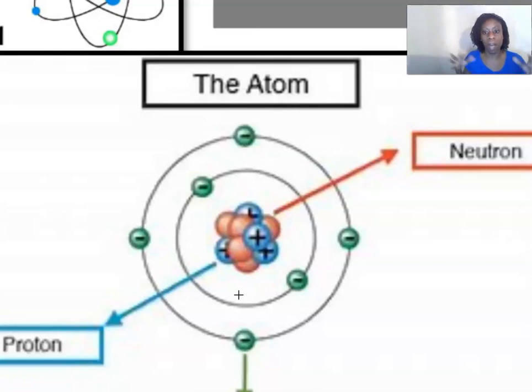Since we have those opposite charges, they're going to be attracted to each other. So the negative electrons in the electron cloud are attracted to the positive protons inside the nucleus. This allows the nucleus to keep a hold of those electrons, and that's what keeps the electrons in one atom from flying and wandering off.